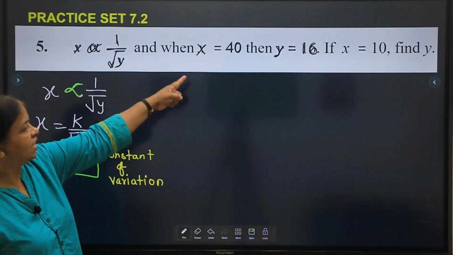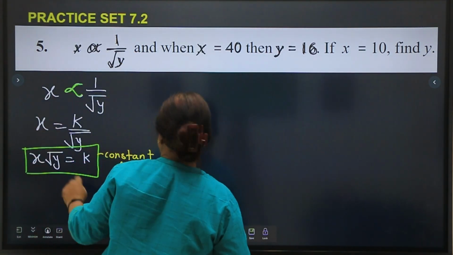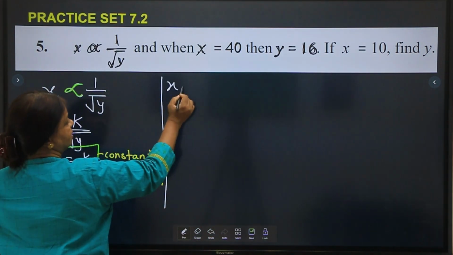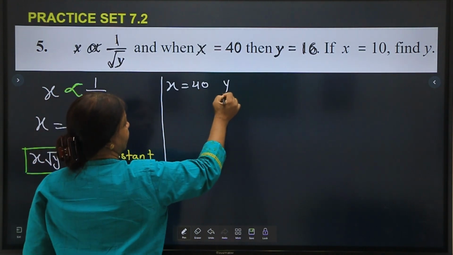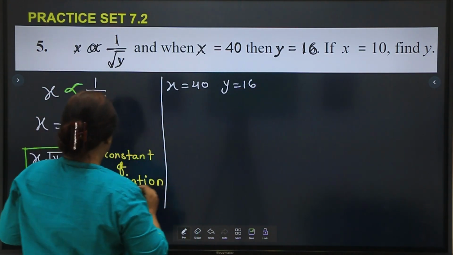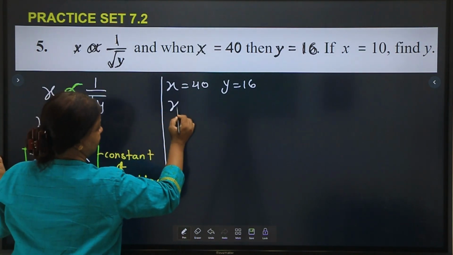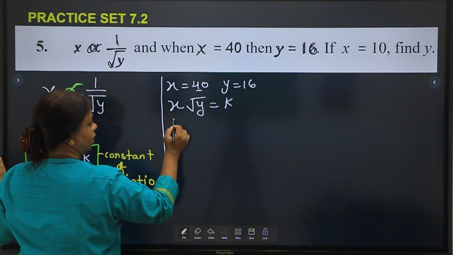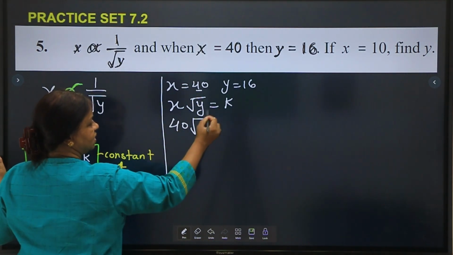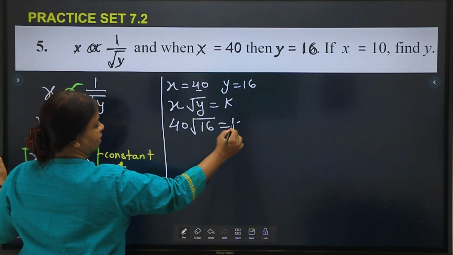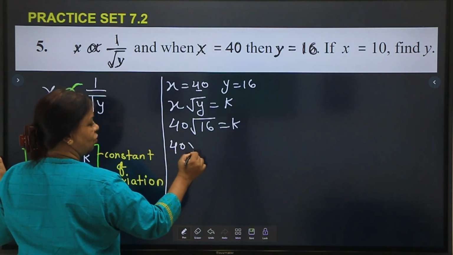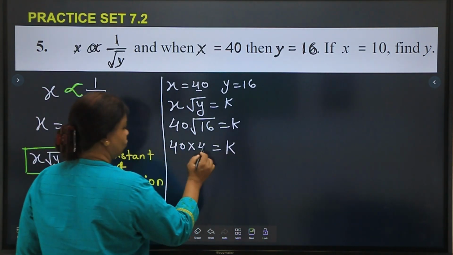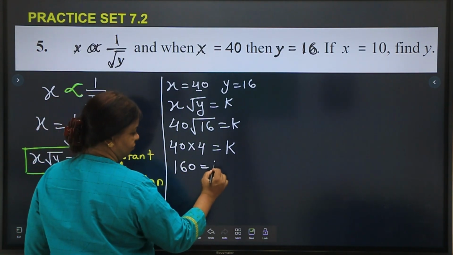So, if x and y are given, we can find the value of k. x root y is equal to k. x is 40, root y means root 16, and you are getting 40 into 4. Root 16 is 4. 4 4s are 16, so 160 is the value of k.